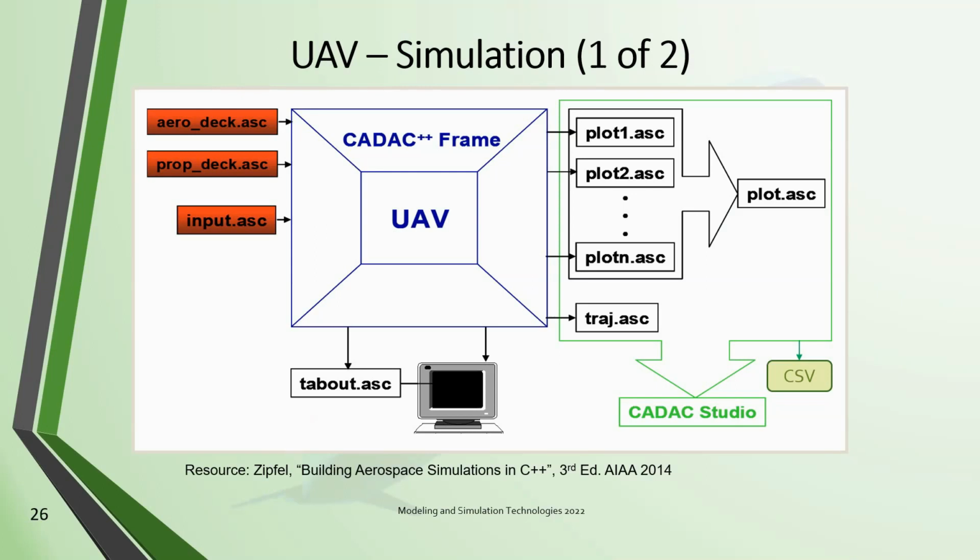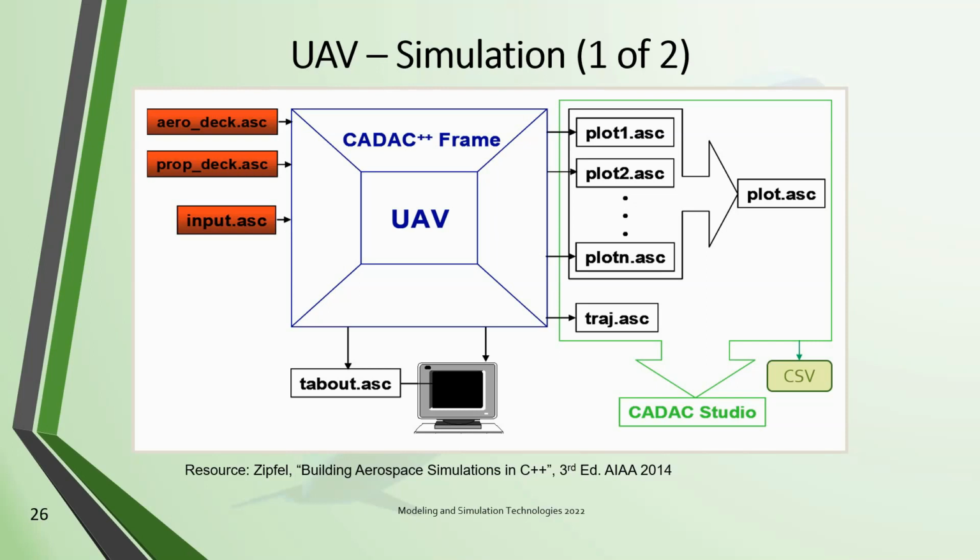This is a quick view at the simulation. It consists of 3 parts. The core is this CADAC++ frame with its UAV coding. On the left side are the inputs. We got an aerodeck, a prop deck, and an input file that initializes this run.